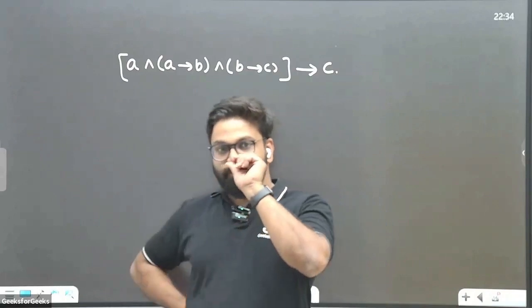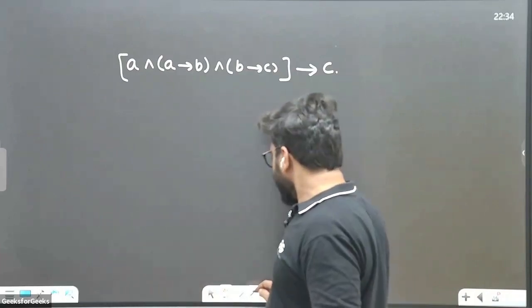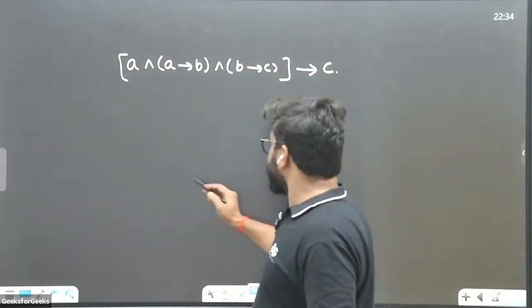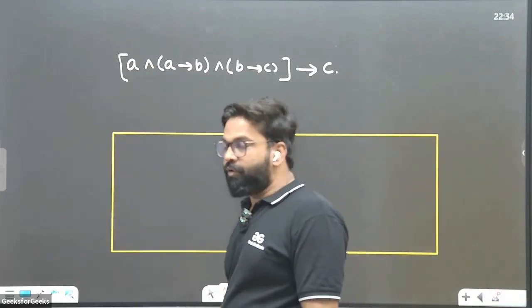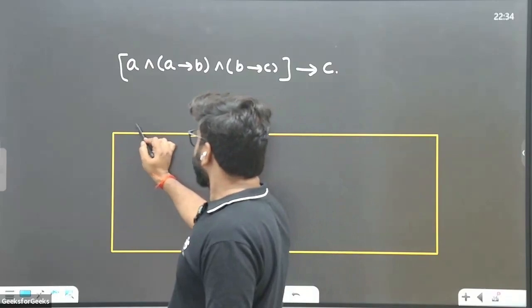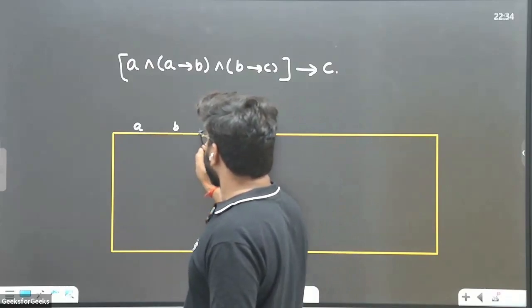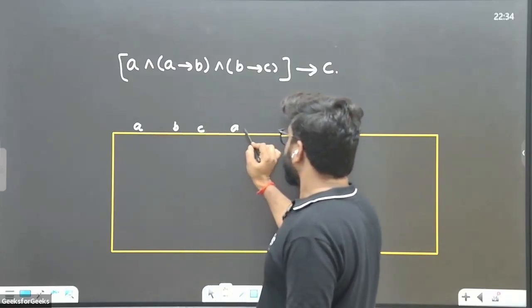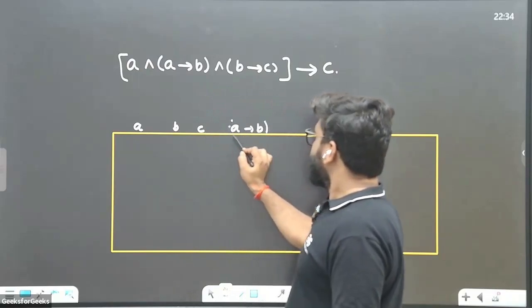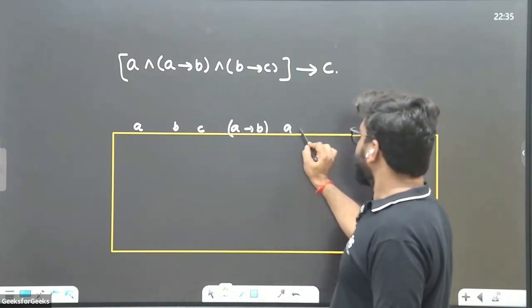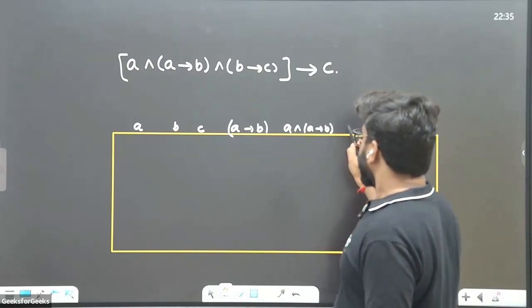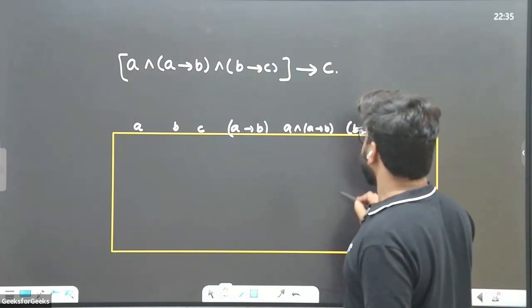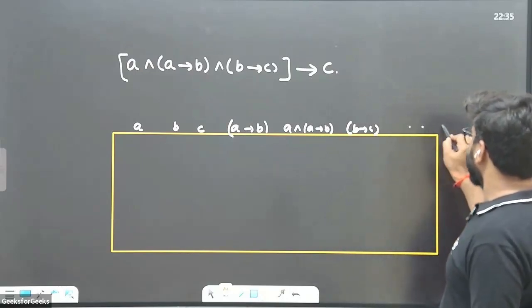I know that everybody has used the truth table. What you may have done, the question was that you have to check whether this is a tautology or not. So you may have taken A, B, and C, then done A implies B, then A and A implies B, then found B implies C, and written everything.